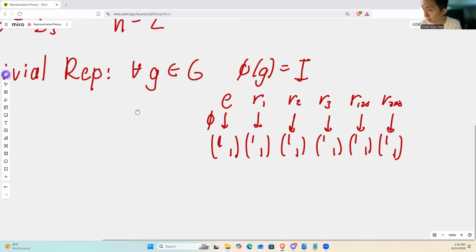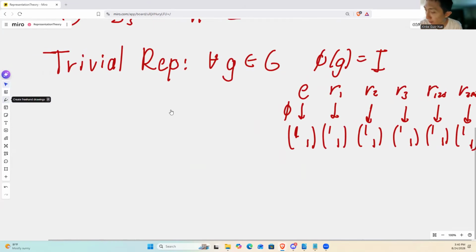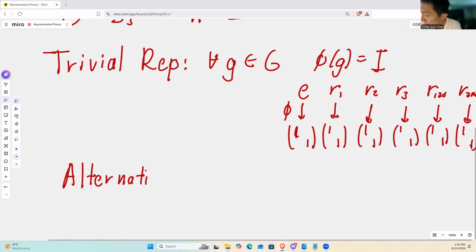The alternating representation sends everything to the sign of it.